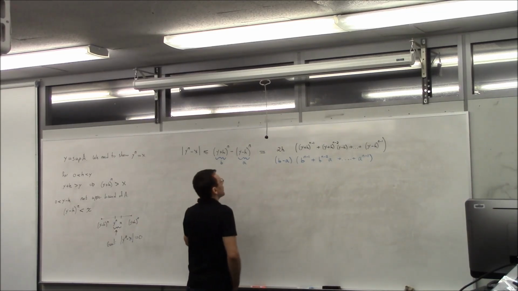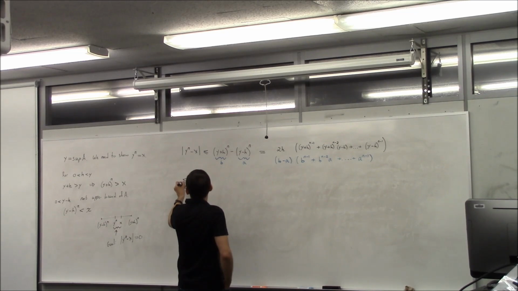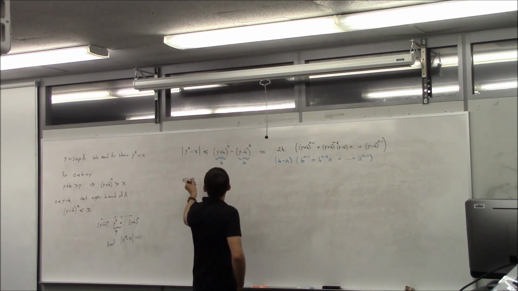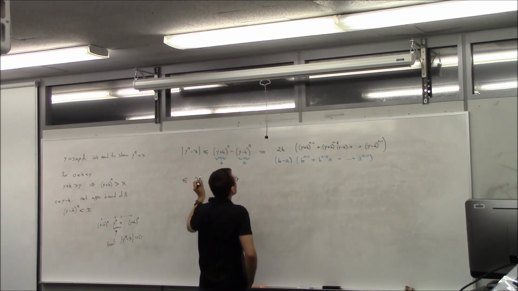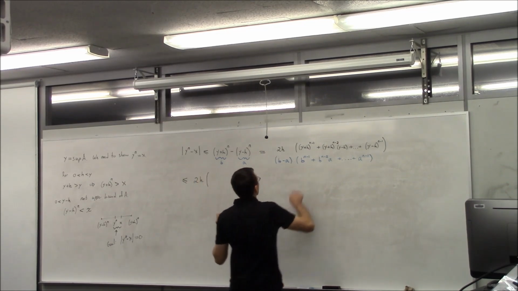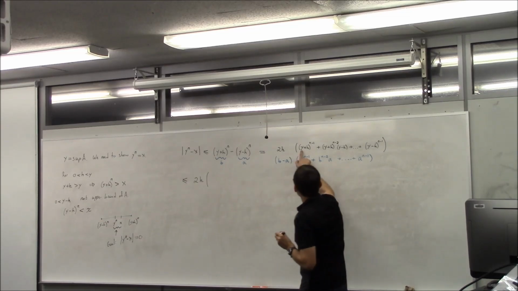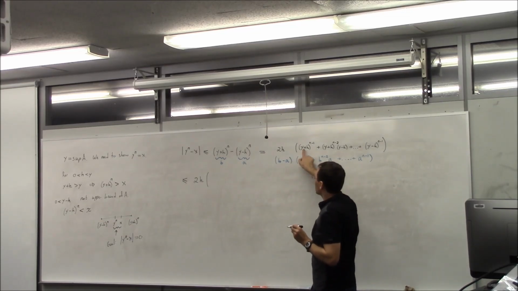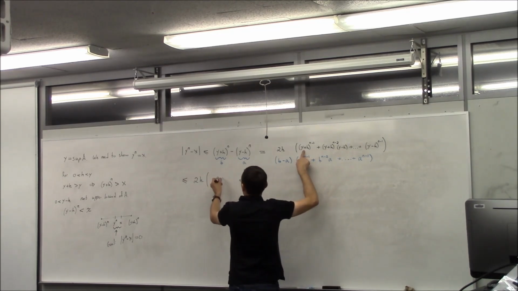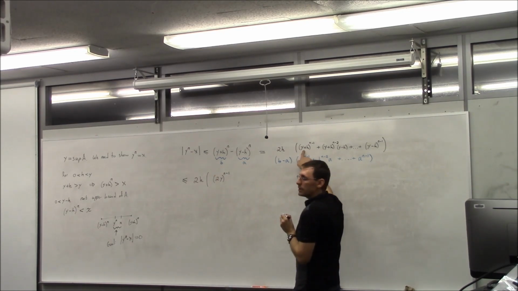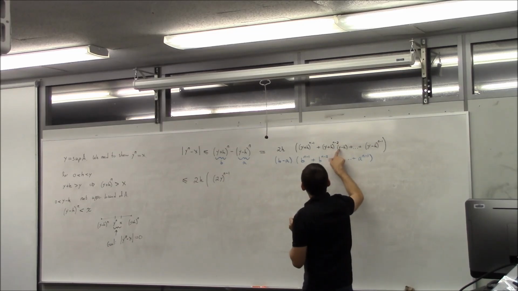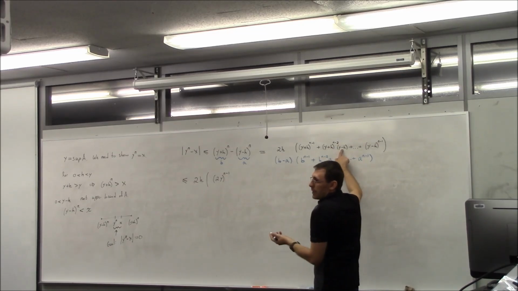We only need inequality. So this is less than or equal to 2 times h. And then notice what I can do in parentheses. If h is smaller than y, then y plus h is smaller than 2 times y. So I can write this as 2 times y to the power of n minus 1 and make it larger. Yes? This is y minus h, I can replace it, make it bigger, by y plus h.